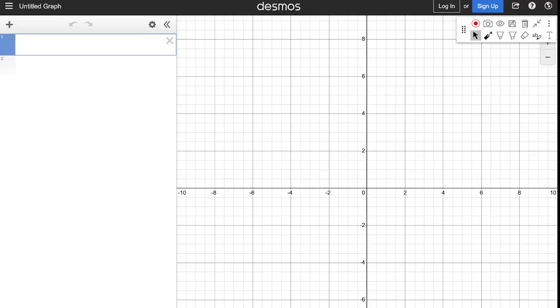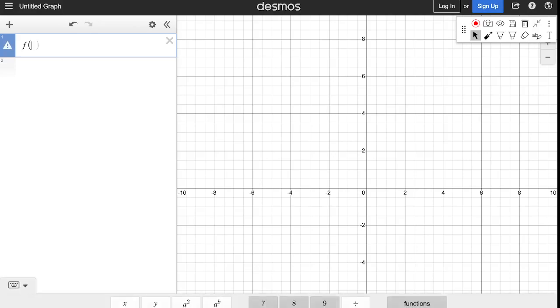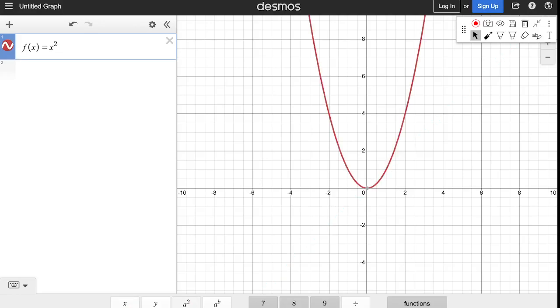Let's go to our Desmos, and we're going to use Desmos quite a bit to come up with these principles in real time. So we're going to go with f of x. We're going to define it with function notation, instead of saying y equals, we'll say f of x equals x squared. So we're going to start with that as our function. There it is. What we're going to do is we will graph g of x.